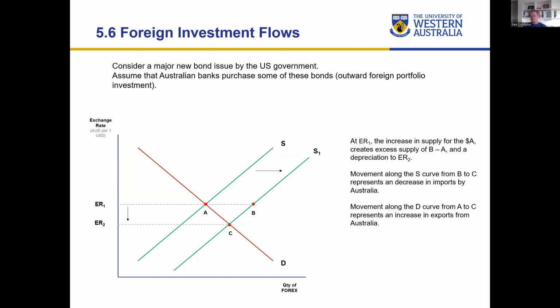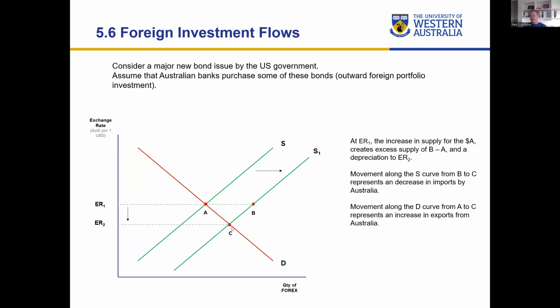If a foreigner is looking at this depreciation thinking the exchange rate's dropping, it might be a good time to buy some Australian shares because they're expecting the exchange rate to go back up over the course of the next 6-12 months. So it could be an increased demand for the Australian dollars to grab some more Australian shares and wait for the exchange rate to go back up to ER1. That's what A to C means.